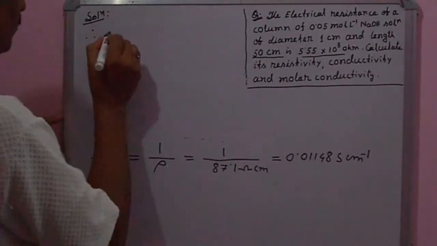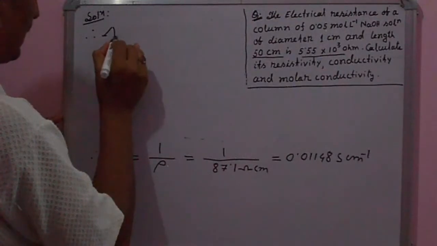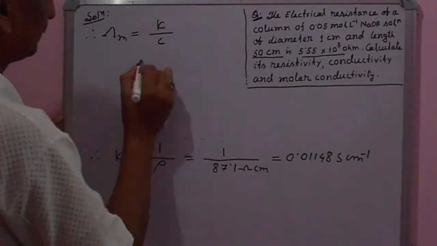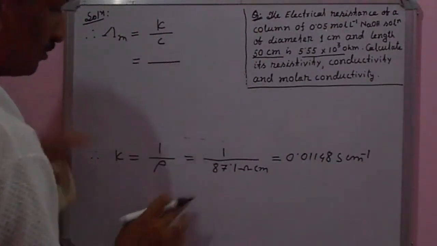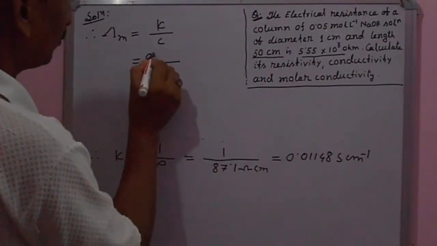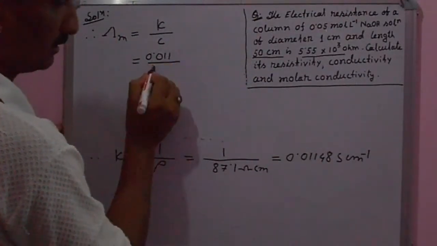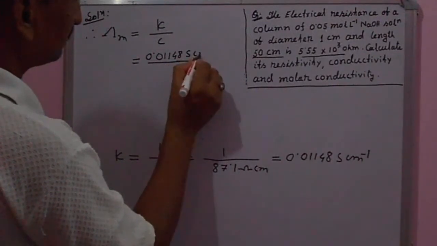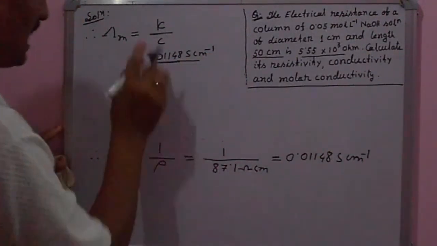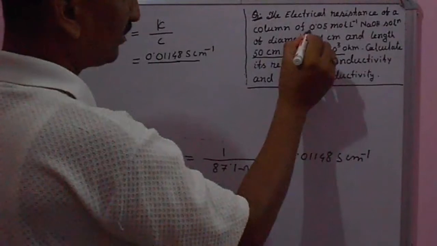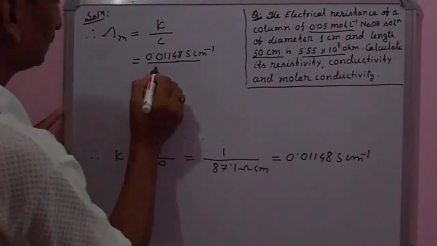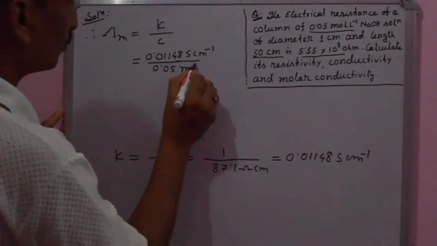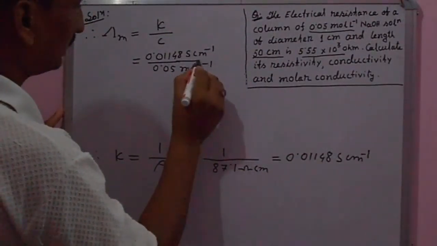Therefore, molar conductivity lambda m is equal to kappa by C. So here the value of kappa is 0.01148 Siemens centimeter inverse, and C is 0.05 mole per liter.